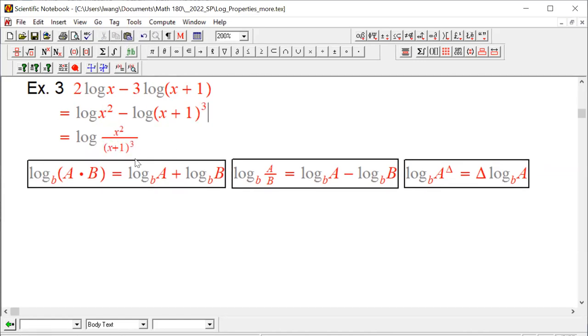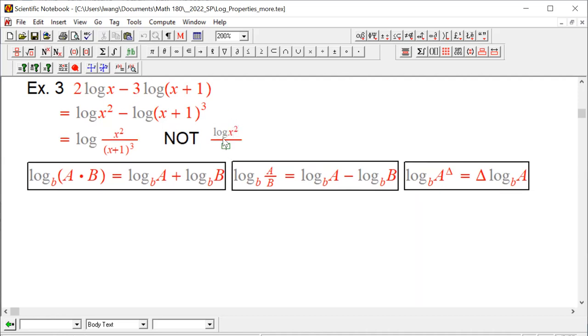Be very careful. Not this. Sometimes we see this mistake right here: log x squared over log of x plus 1 to the power 3. These two are not the same.